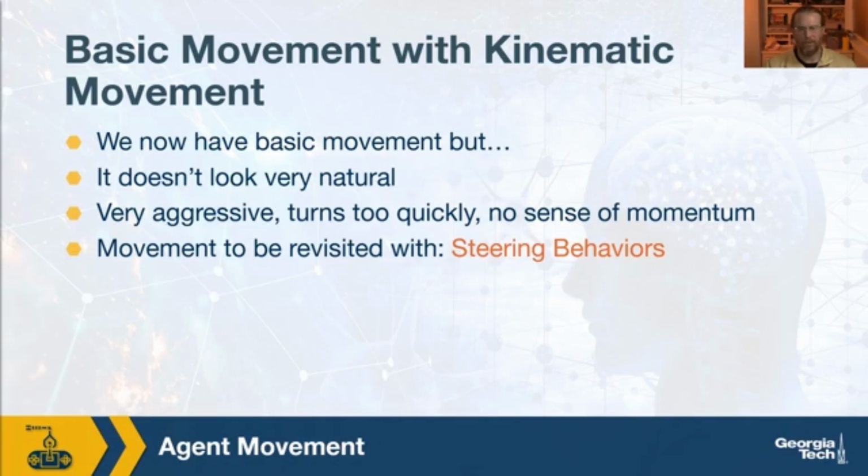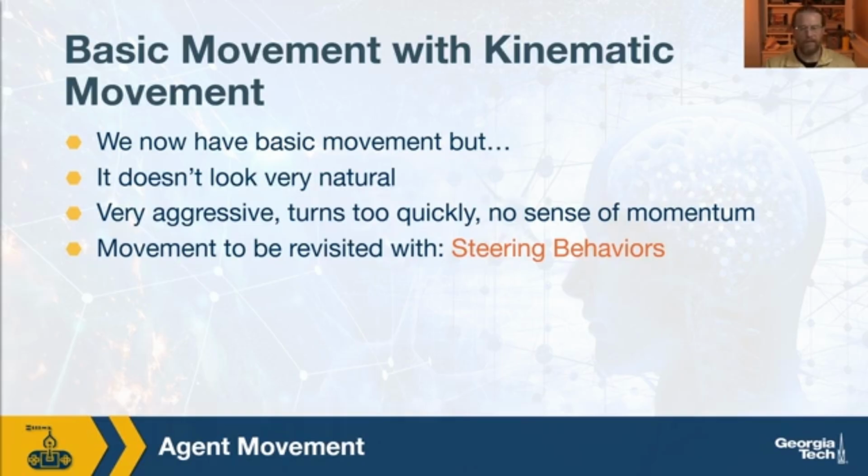We don't have any nice smoothing or accelerations. Even if we try to animate the orientation of the agents, it's still going to have this moonwalking look in certain scenarios. Just generally, it's too aggressive, turning too quickly. There's no sense of momentum that we might desire in our game.